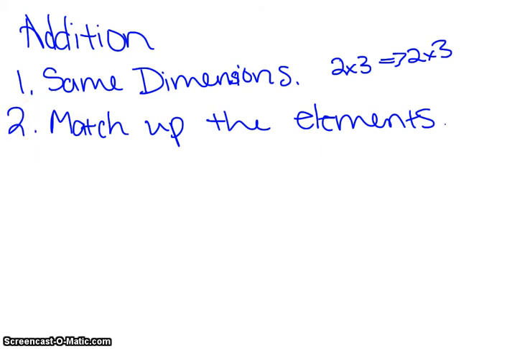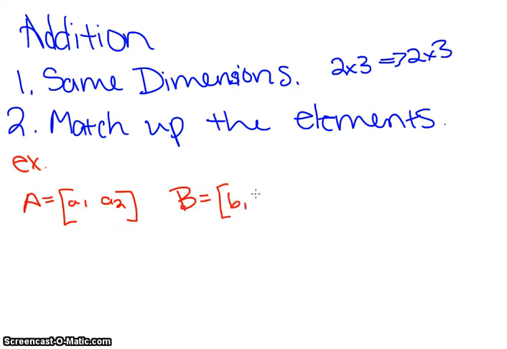So let's get a different color and I will show you a small example. Let's have matrix A, with A1, A2, just a small little example, and then we'll have B1, B2 inside matrix B. So this is like regular first grade addition.